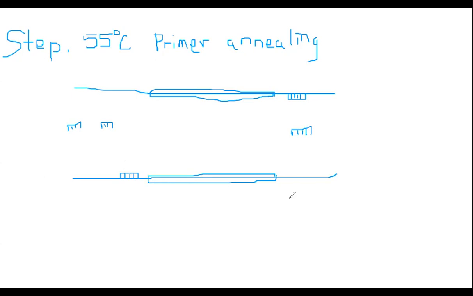And who remembers the importance of this primer annealing? What do the primers actually provide, enable for this reaction to proceed? They're providing something. Does anyone remember that? I should have drawn them a bit bigger, not because they're big, but because I won't be able to show you what they're providing.